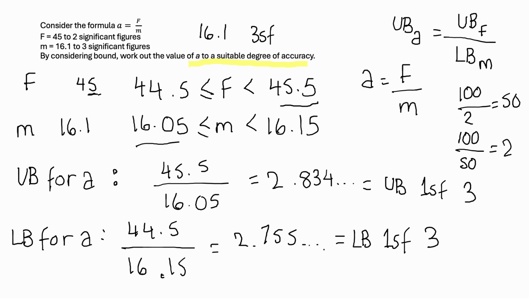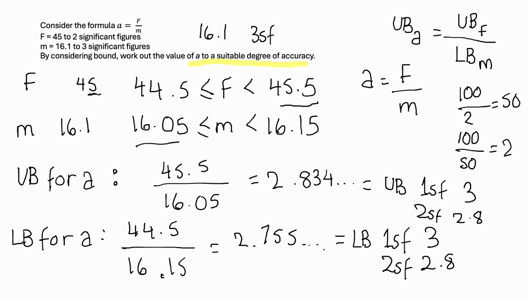Okay, can we try to make it more accurate by maybe doing 2 significant figures? If we look at the upper bound for A to 2 significant figures, we get an answer of 2.8. And if we look at the lower bound for A to 2 significant figures, we get an answer of 2.8 as well. Okay, that's looking a bit more accurate.